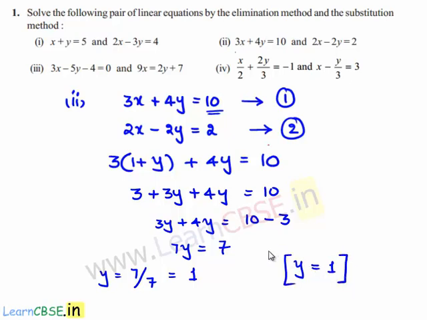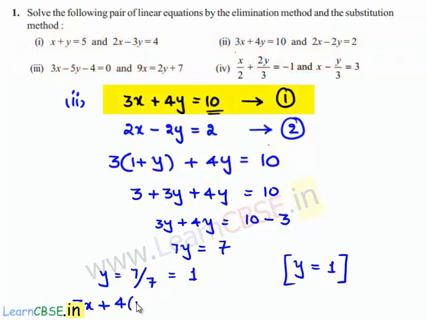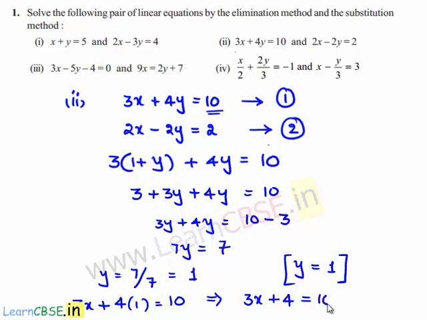And now in order to find the value of x, let us substitute y is equal to 1 in any of the two equations, which is 3x plus 4 times y, which is nothing but 1, is equal to 10. That implies 3x plus 4 is equal to 10.